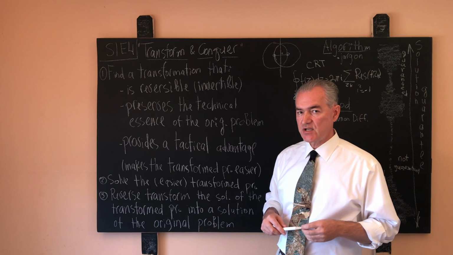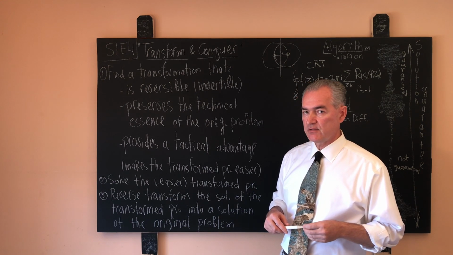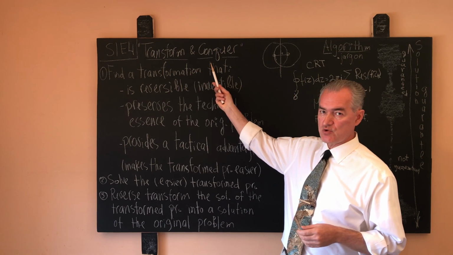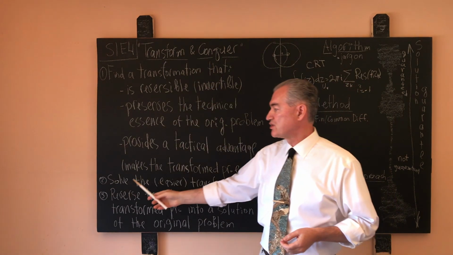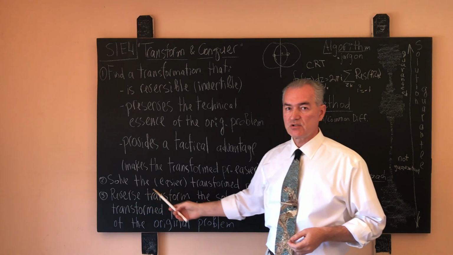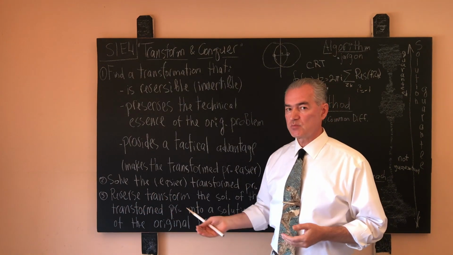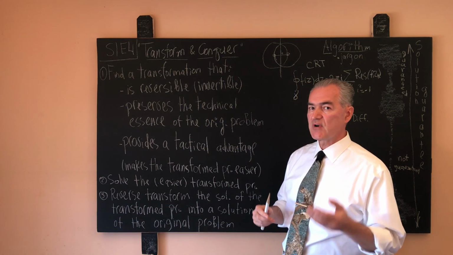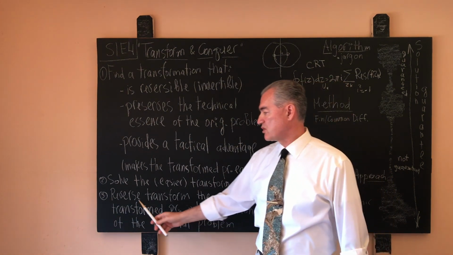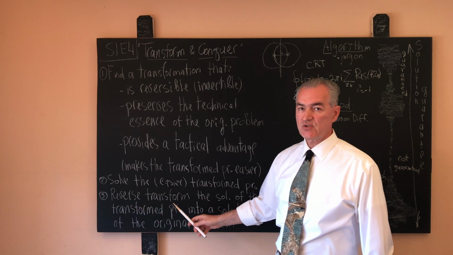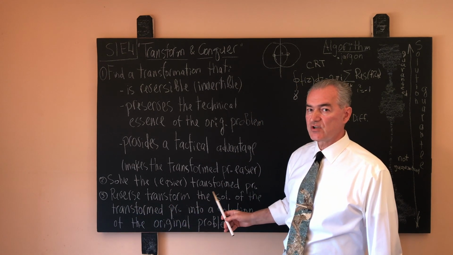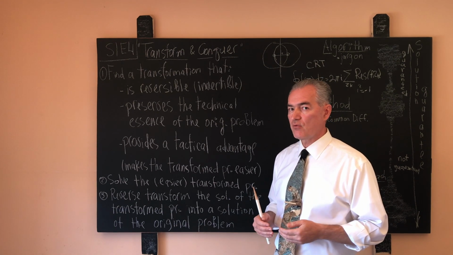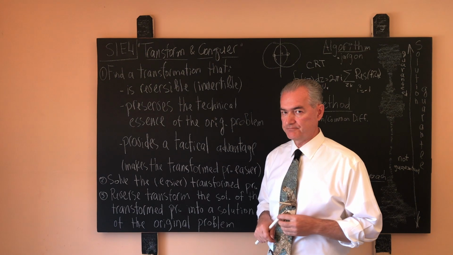Once we find such a candidate transformation, then the transform and conquer approach prescribes that we solve the potentially easier transformed problem, and once we do that, we perform the final step and we do the reverse transformation of the transformed problem back into a solution of the original problem.